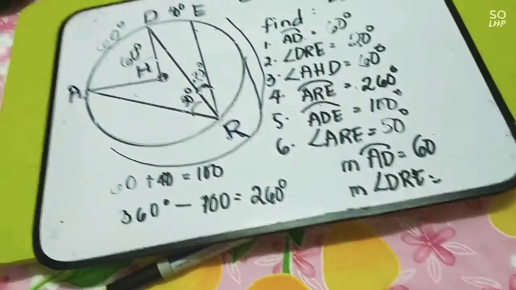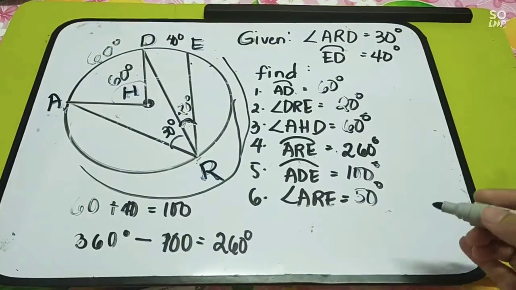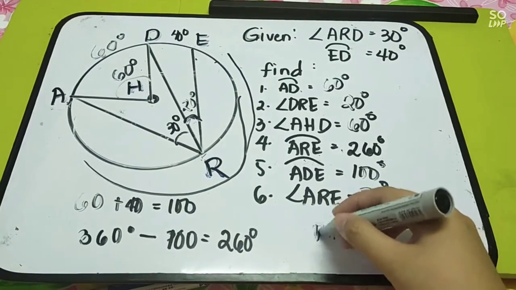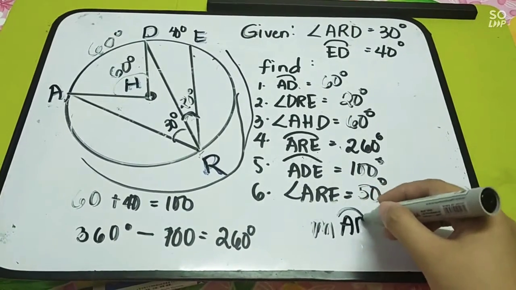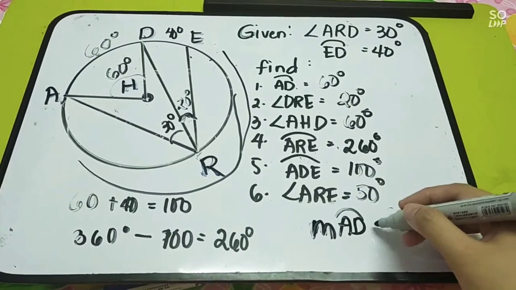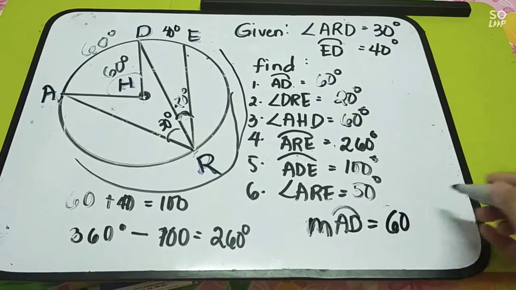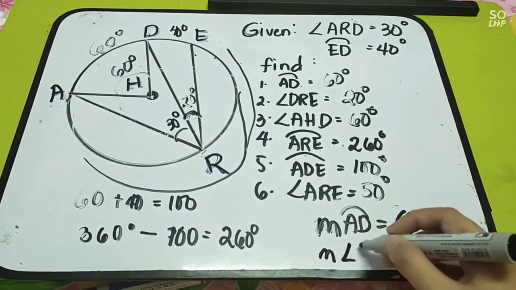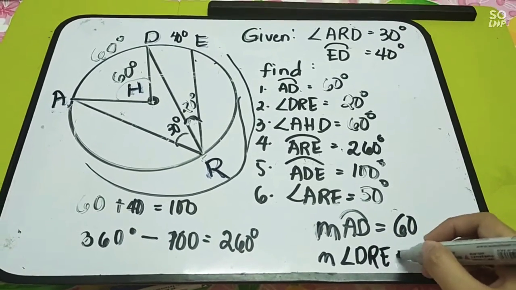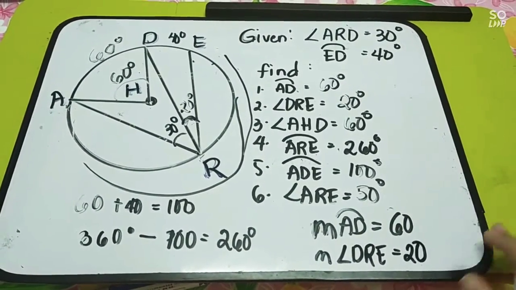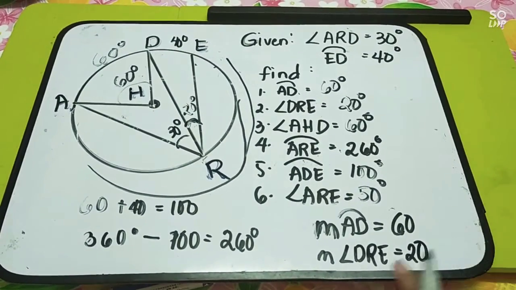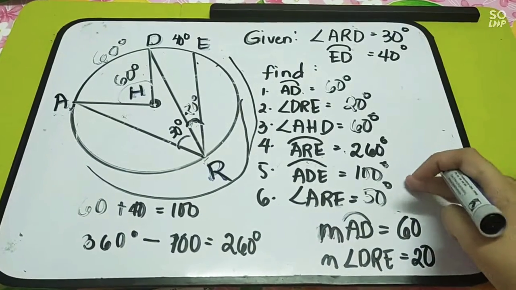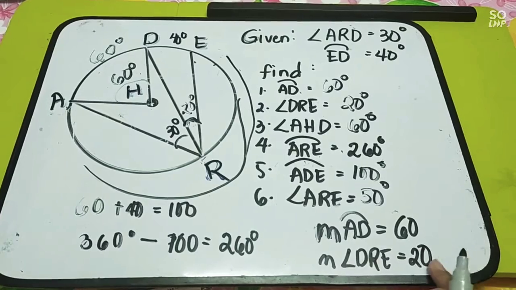This is equal to 20 only. No more degrees. When there is no measure, it should have a degree sign in your answer. When there is a measure, it can have no degree sign.